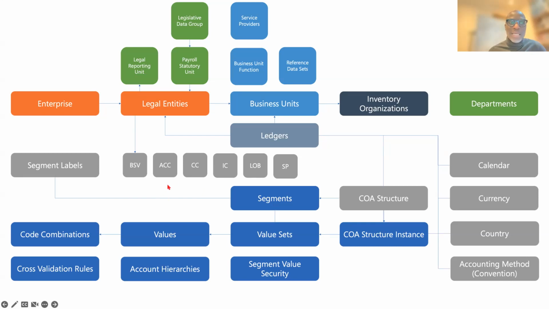Or maybe I can say that my balance sheet cost centers can only use balance sheet account values, for example, and so on. So you can put in rules that will limit the risk of putting in a combination that doesn't align with your accounting. So that's the core financial structure.